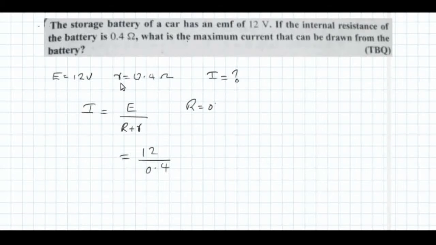Small r represents internal resistance, capital R represents external resistance, from the previous class we know. Since there is no external resistance, we are taking R equal to 0. Therefore current I is equal to 12 divided by 0.4, that is equal to 30 ampere. So 30 ampere is the maximum current that can be drawn from the battery.